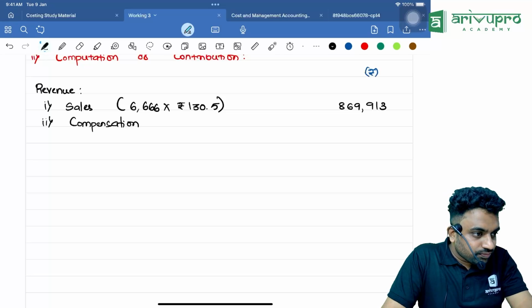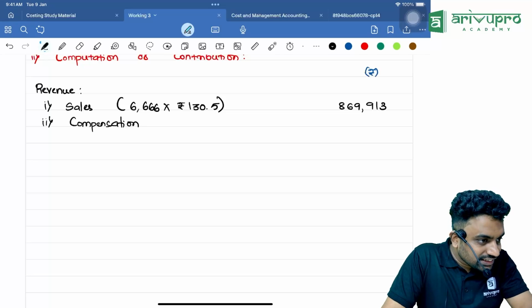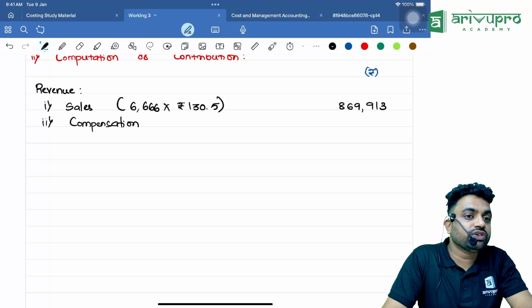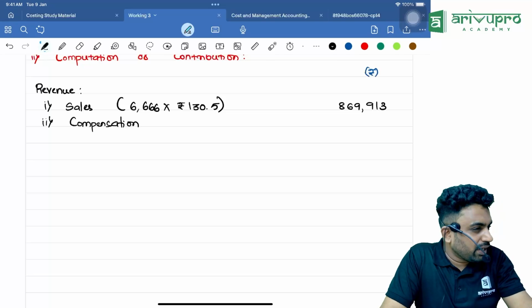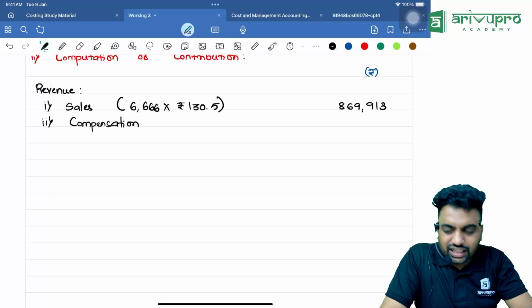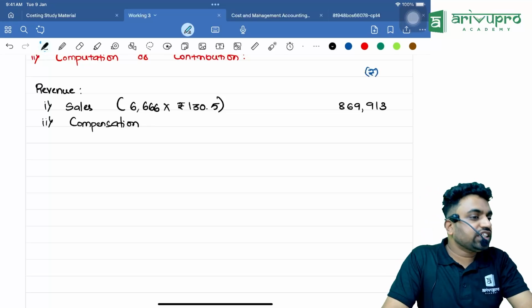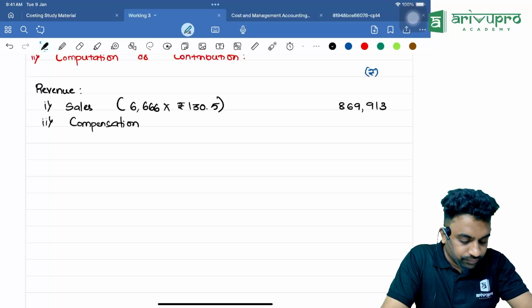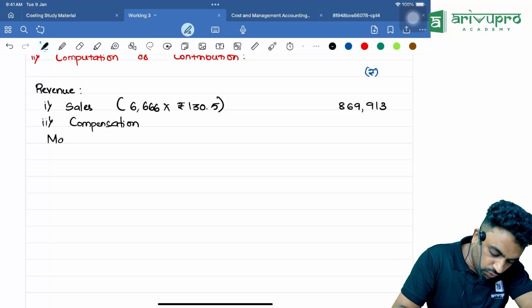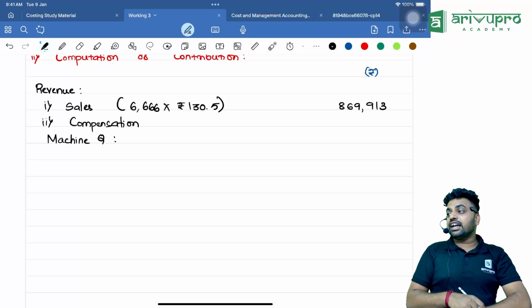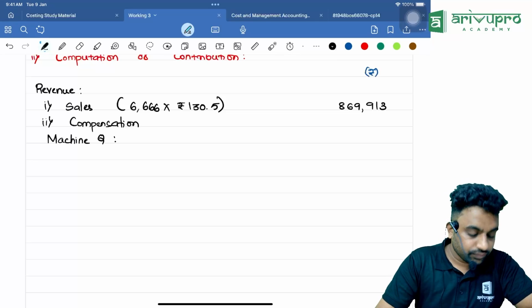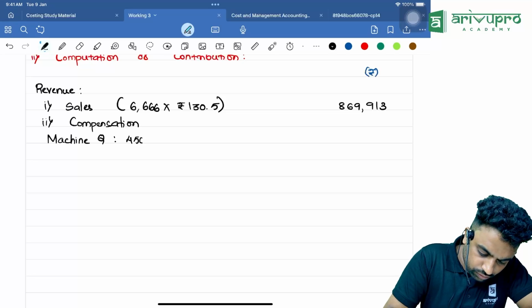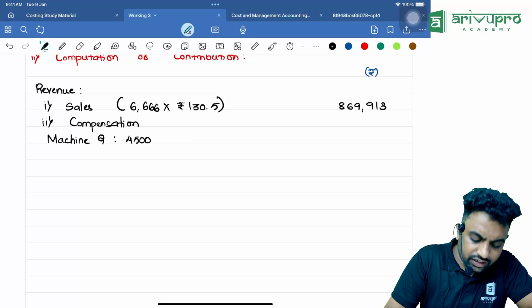Now, if you produce 6,666 units, which takes 0.6 hours each, how many hours of machine P is utilized? 4,000 hours. Maybe 0.5 something might remain, that you leave. So P we utilize fully. Towards that they are not going to compensate. However, machine Q, how many hours are available? 4,500 hours.